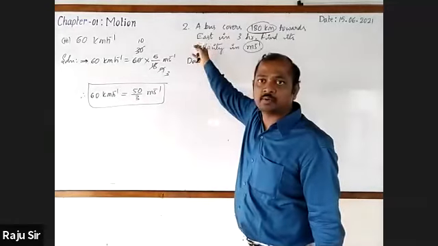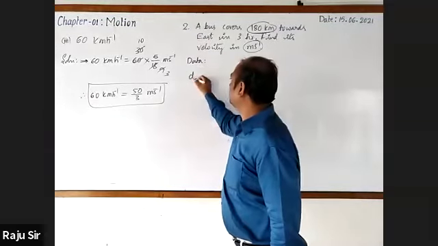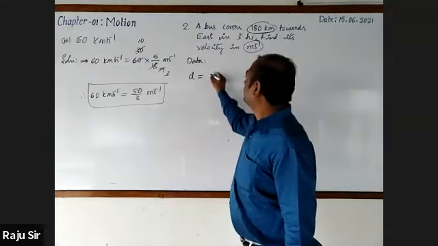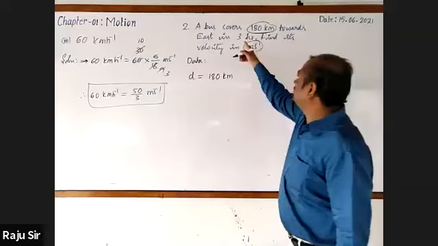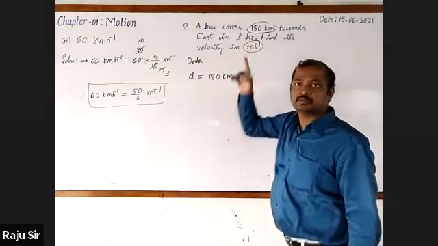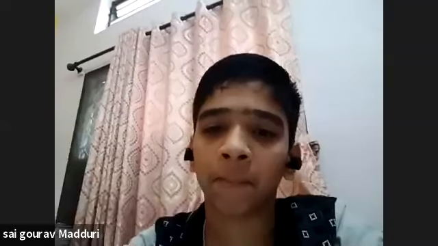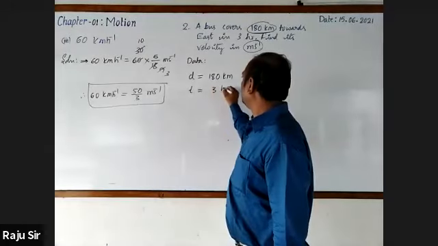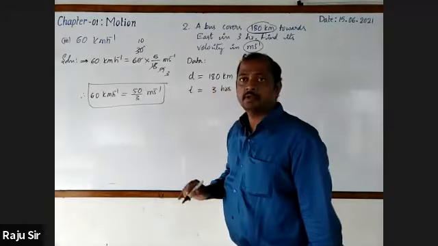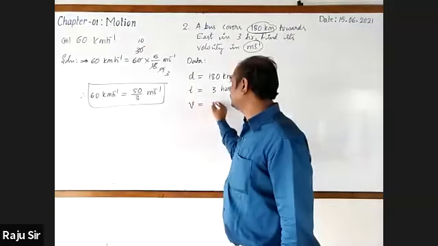The bus is moving towards east. Here I write D is equal to 180 kilometers towards east in 3 hours. Sai Gaurav, what does 3 hours indicate? Time. It is T is equal to 3 hours. With this information, you are going to find out velocity. I write it as V.